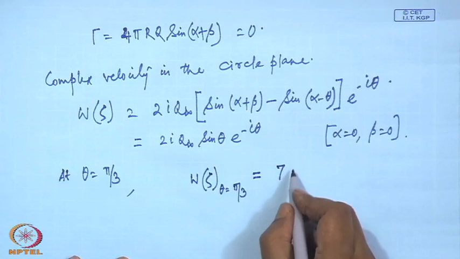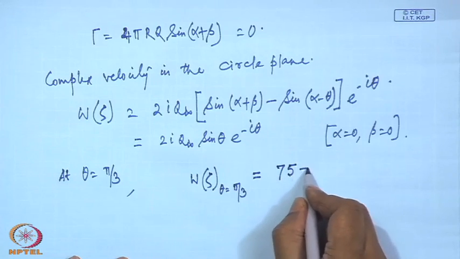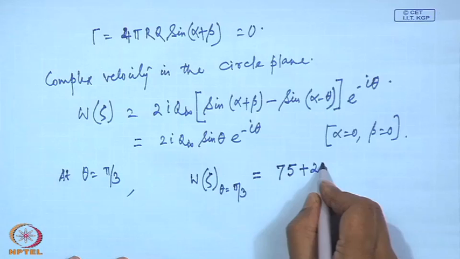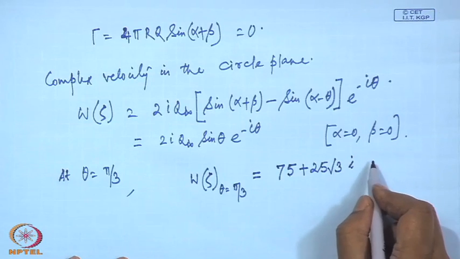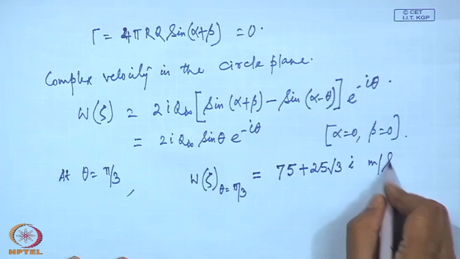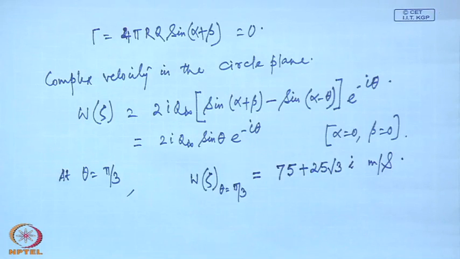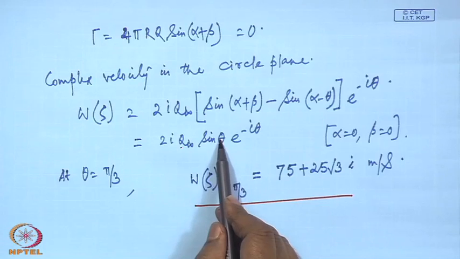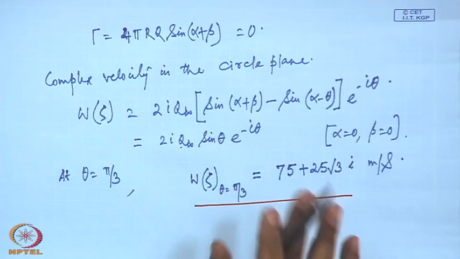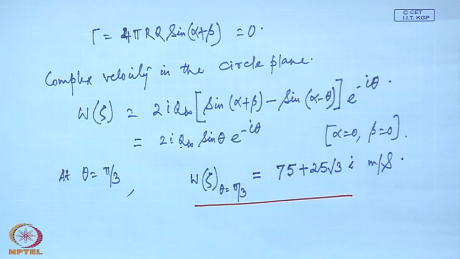Please check this. Simple, q infinity is 50, theta is pi by 3. Okay. Please check these calculations.